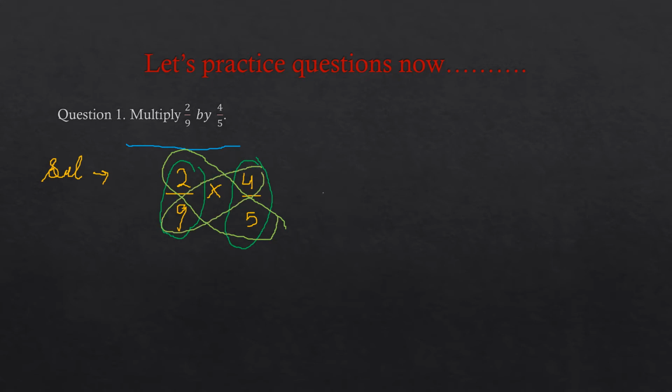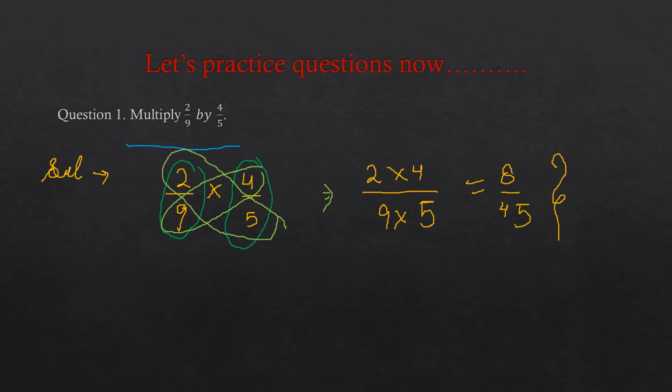Hence we will simply solve this question by getting the product of numerators, that is 2 into 4, by the product of denominators, that is 9 into 5. 4 into 2 gives us 8, 9 into 5 gives us 45. Now 8 and 45 do not have any common factor between them. Therefore this is already in reduced form or standard form. Hence this will be the answer for this question, and this is how we solve this type of question.